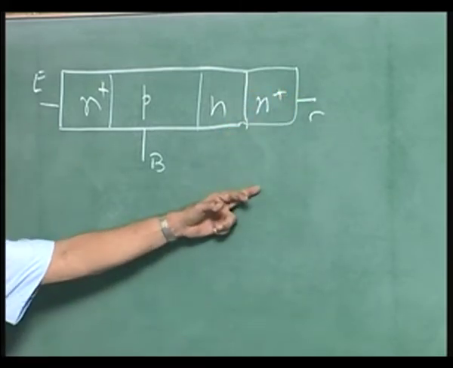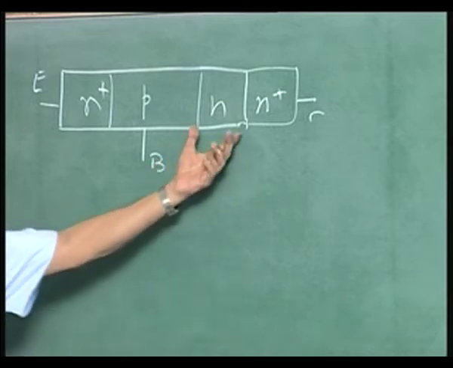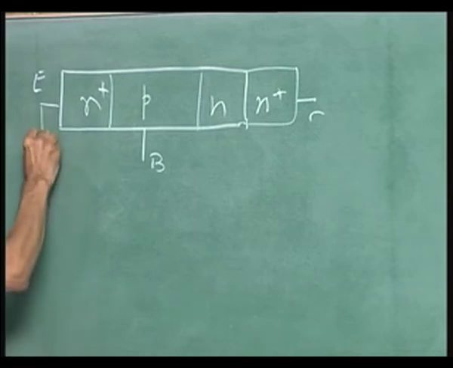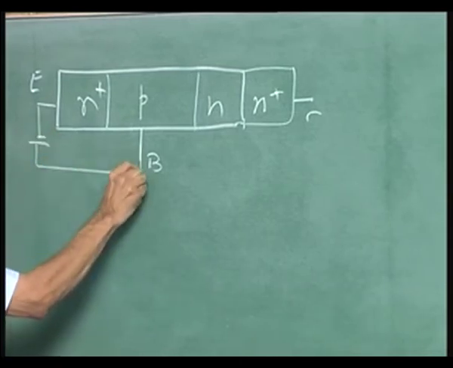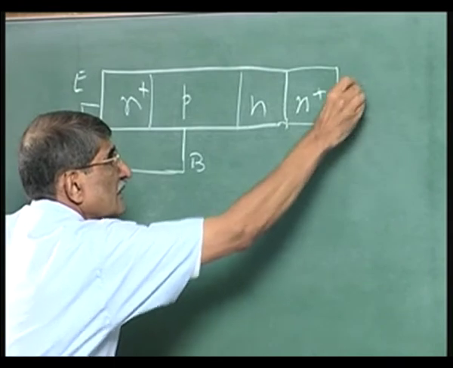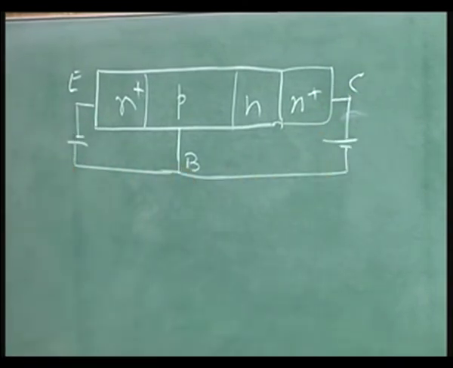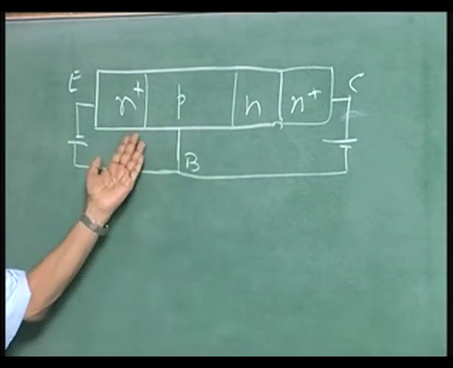This is always present, first to reduce the series resistance, you put an N plus layer. Now, that is the forward bias. I just put, for the sake of illustrating, this diagram, not that it is common base. Ultimately in the active region this is reverse biased, this is forward biased.